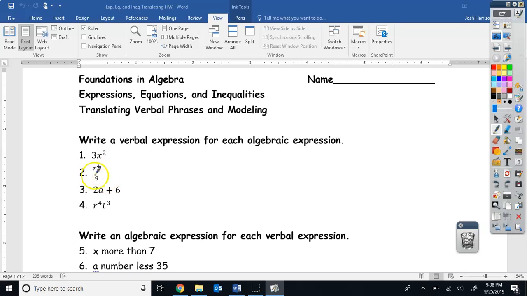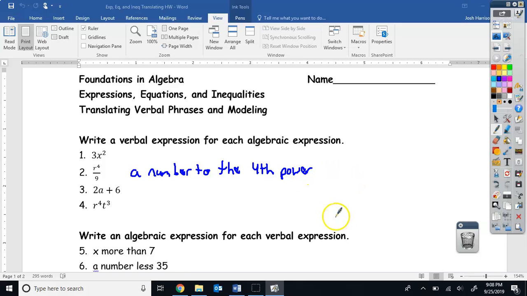So you're supposed to change this essentially into words. So I am going to start with number 2 here on this one. You have r to the 4th power divided by 9. So one way to write that as words is to say a number to the 4th power, and I'm going to abbreviate 4th right here to make this a little bit easier.